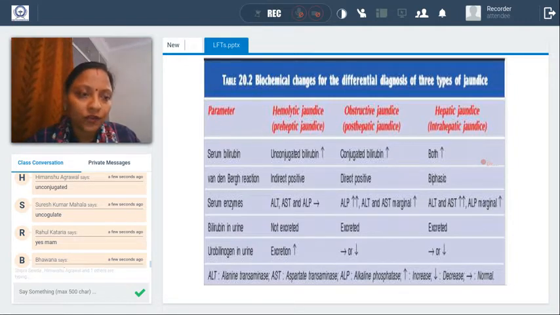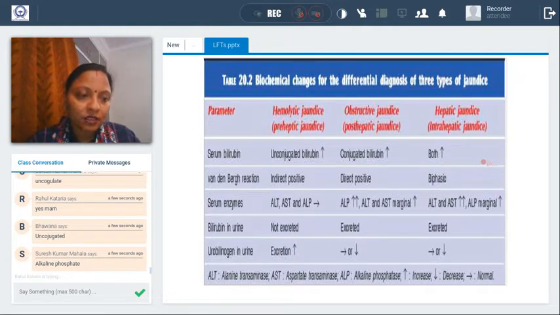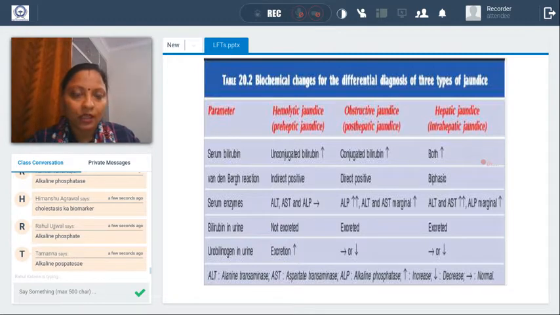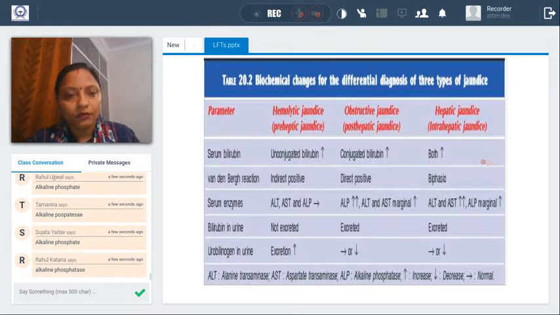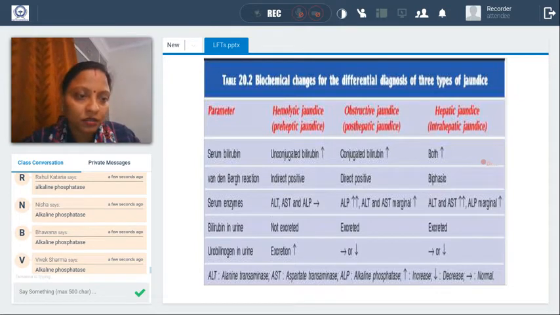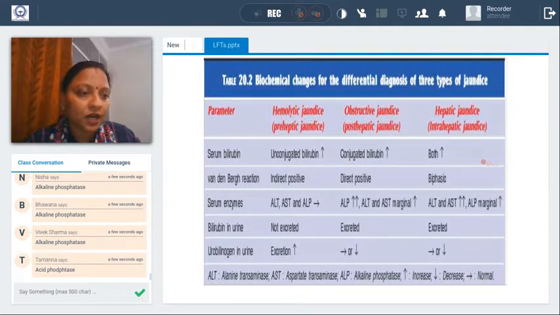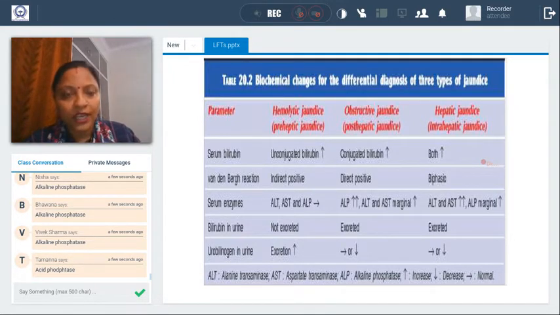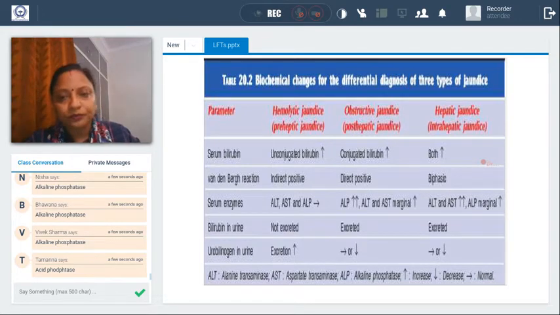In obstructive jaundice, which enzyme is increased? Alkaline phosphatase. Okay. What is ACP? Please write in the box what is ACP. ACP is the biomarker of which disease? That is acid phosphatase, and this is the biomarker for prostate carcinoma. You all know, we studied it earlier in our previous class in clinical enzymology.